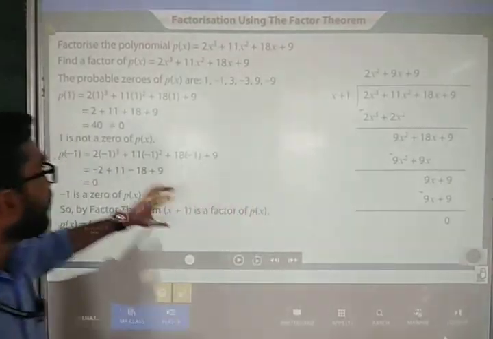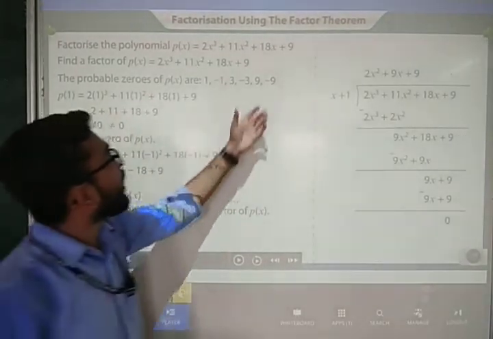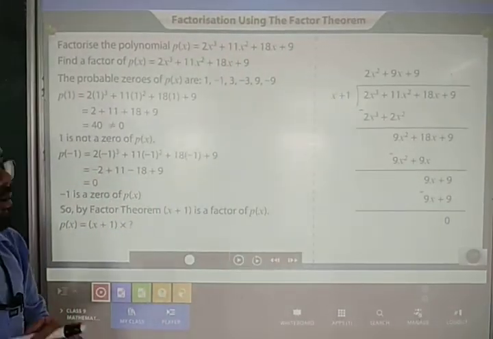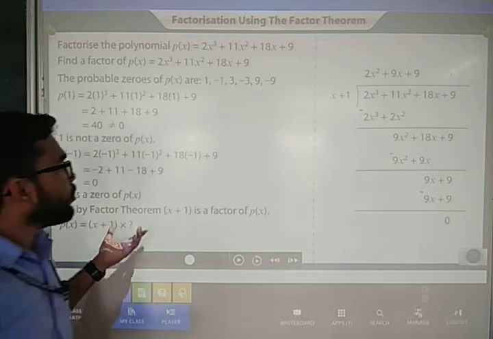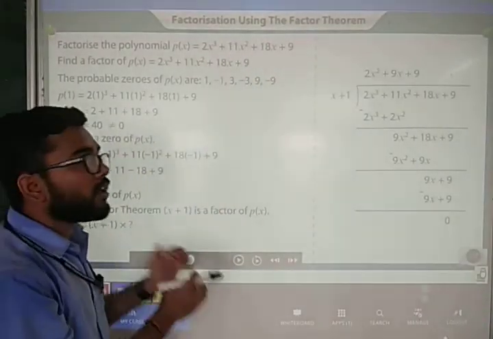To find the other two factors of this given polynomial, you need to divide this polynomial by the first factor. Why do you need to divide?